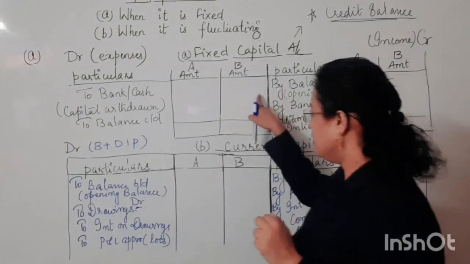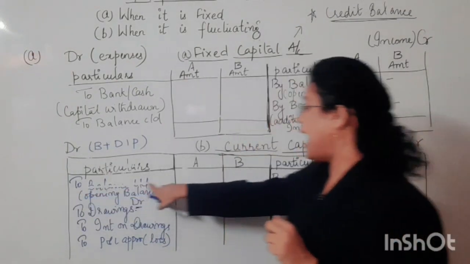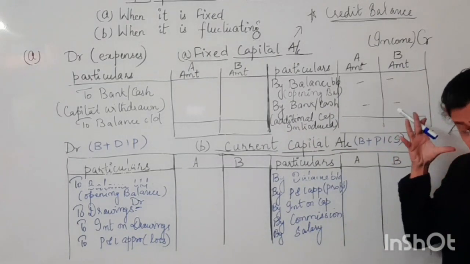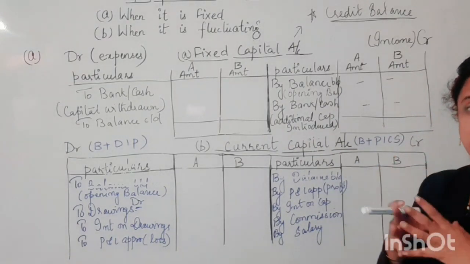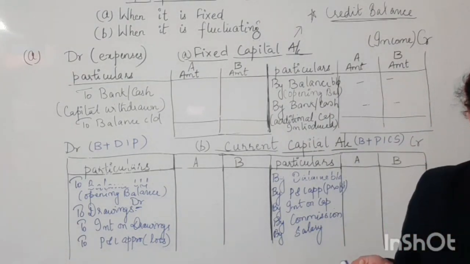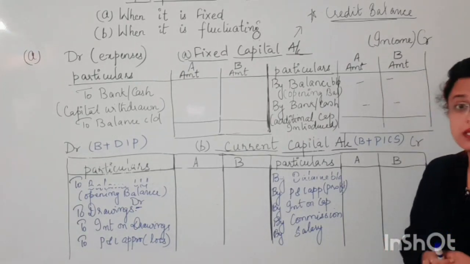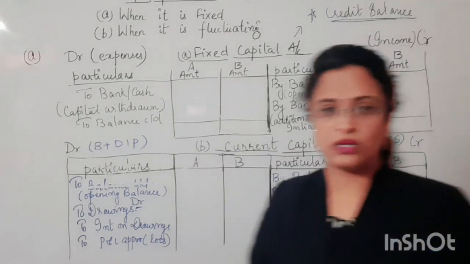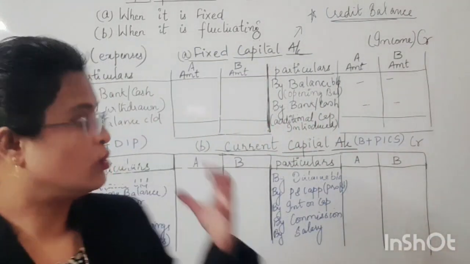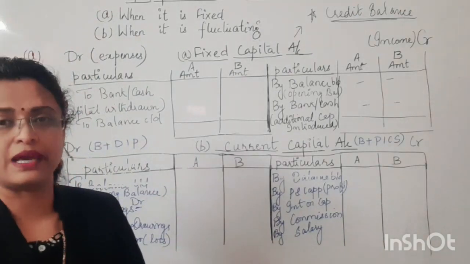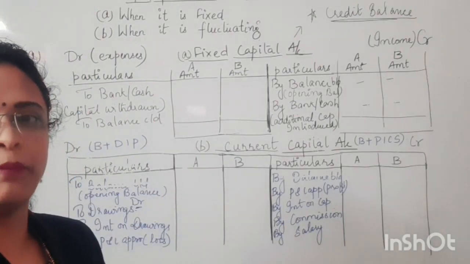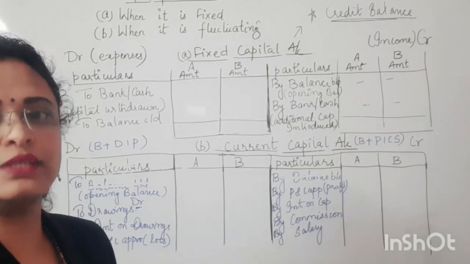When we add the fixed capital account and the current account together, the partners capital account which we will be making is what we will call a fluctuating partners capital account. So it's very simple. There is nothing actually new that you are supposed to deal with here. So let us discuss what actually the fluctuating partners capital account is, through its format.